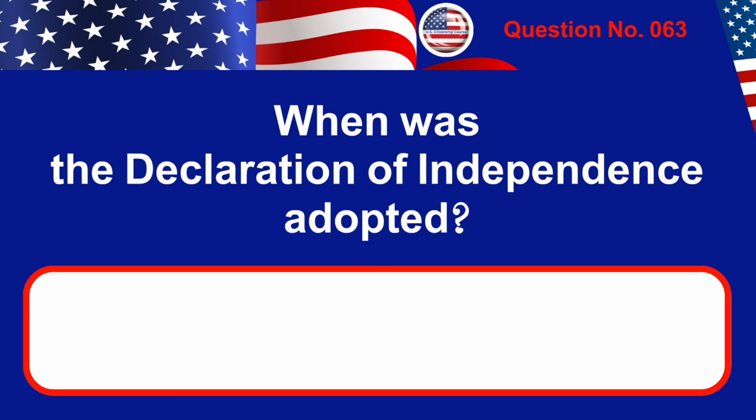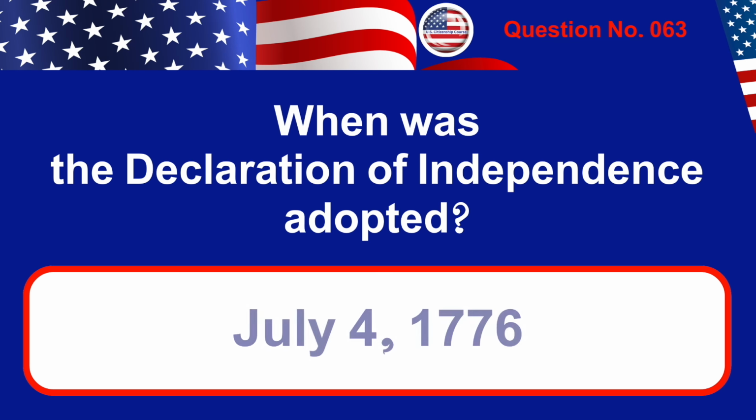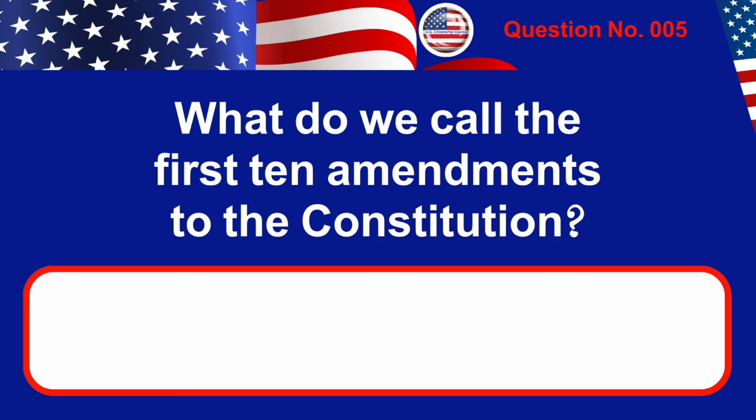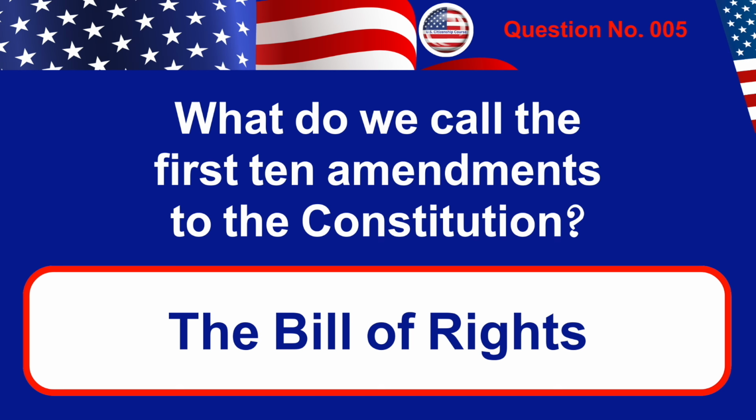When was the Declaration of Independence adopted? July 4, 1776. What do we call the first 10 amendments to the Constitution? The Bill of Rights.